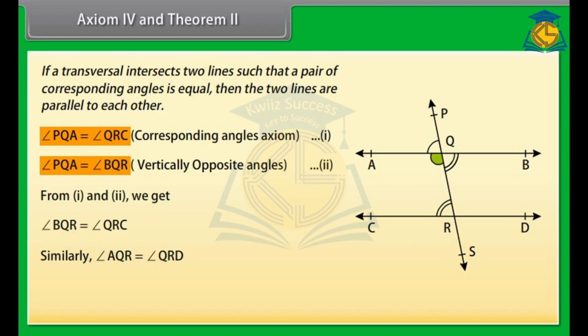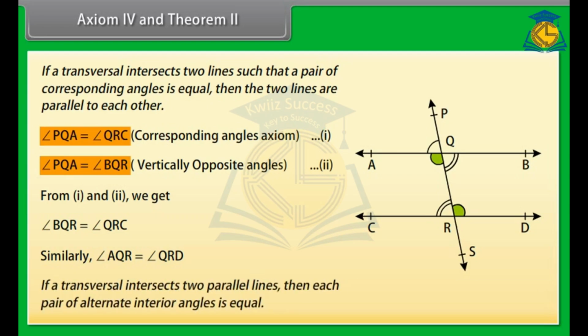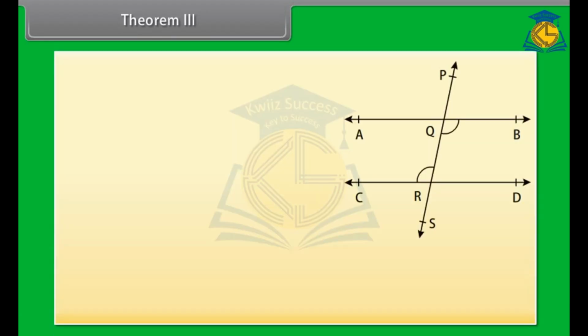Similarly, angle AQR is equal to angle QRD. This result can be stated as a theorem, which is, if a transversal intersects two parallel lines, then each pair of alternate interior angles is equal.